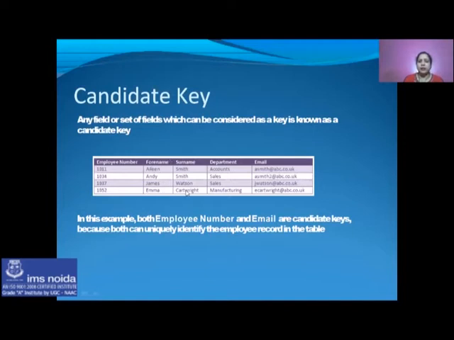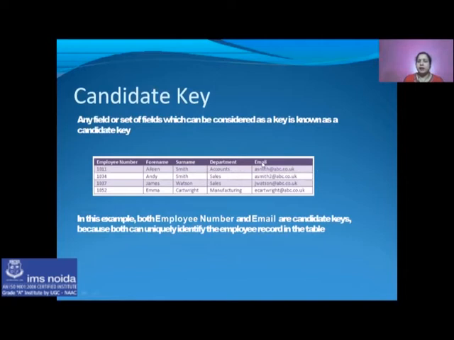Surname also may be duplicate, and here Smith and Smith is duplicate. Department may of course be duplicate, because in one department a number of employees work. In this sales department, employees 1034 and 1037 are working.